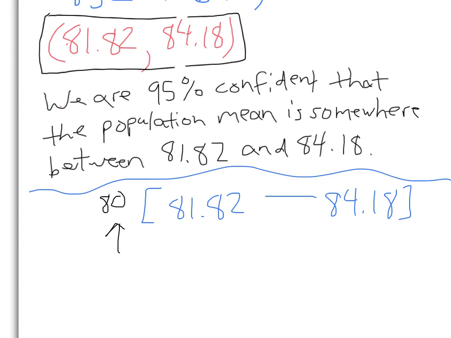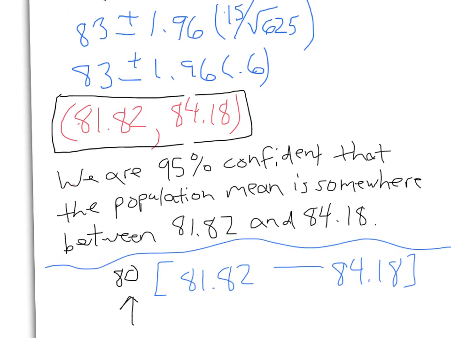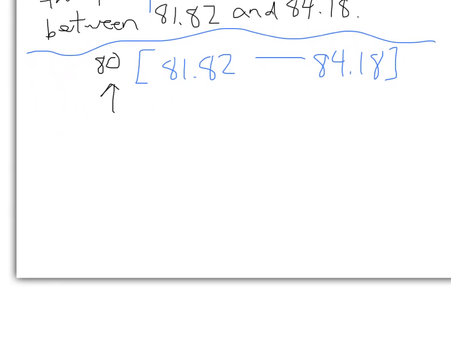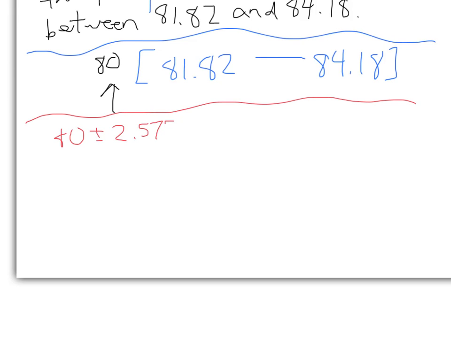Now this is one example of a confidence interval at 95% confidence. Let's assume I want it to be 99% confident. If that's the case, all you have to do is change this critical value to 2.575 and redo it. So let's do that and see what happens. I'll push this back up, draw my line, and I am at 83 plus or minus 2.575 times 0.6. This is at the 99% level.